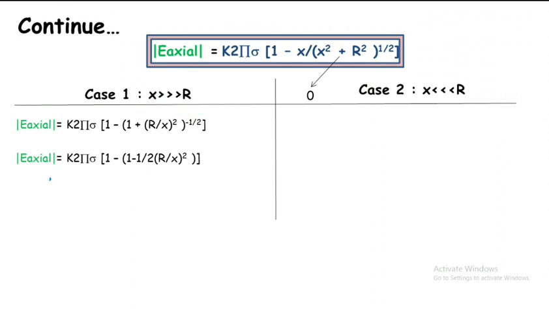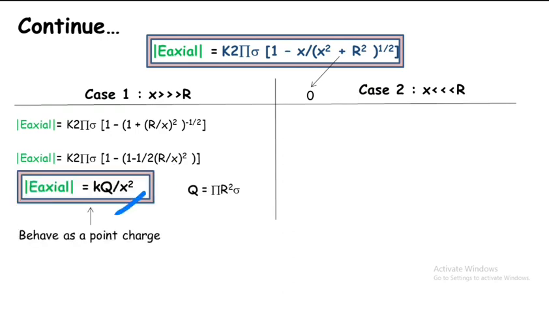Now on solving this, this one gets cancelled out, this minus becomes plus, this 2 and this 2 get cancelled out, and we are left with k pi sigma r square by x square, which is equal to kq by x square, where q is equal to pi r square sigma. It behaves as a point charge.